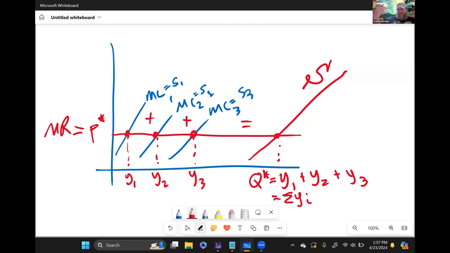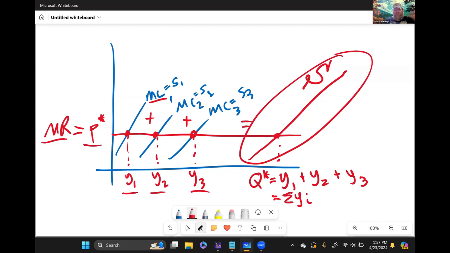So that's how we get from the profit maximization, MR equals MC, which produces optimal output for each firm relative to particular market prices. And that's how we envision the market supply curve in the competitive market, is that the supply curve ultimately is just all of the marginal cost curves in the market added up horizontally.